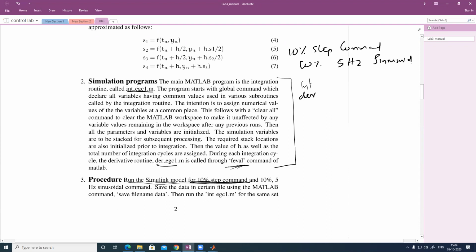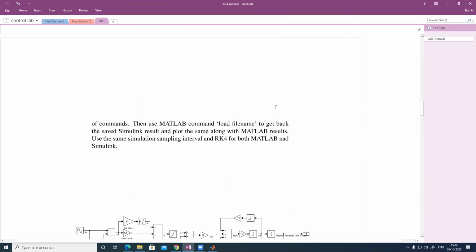You have to do these two things only. The program is given for the 10% sinusoidal command. There you have to modify these two, and for the step command you have to write a code. That is the procedure for today's lab.